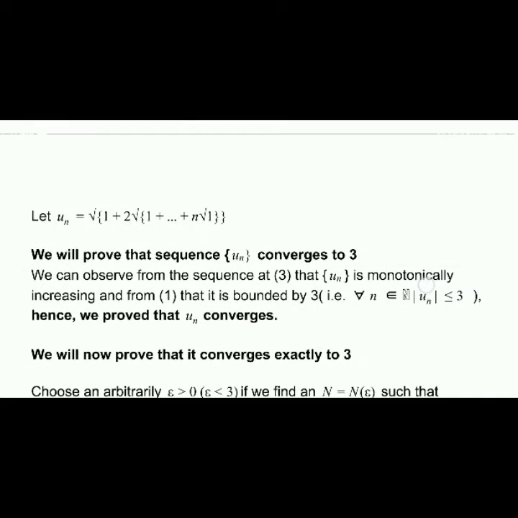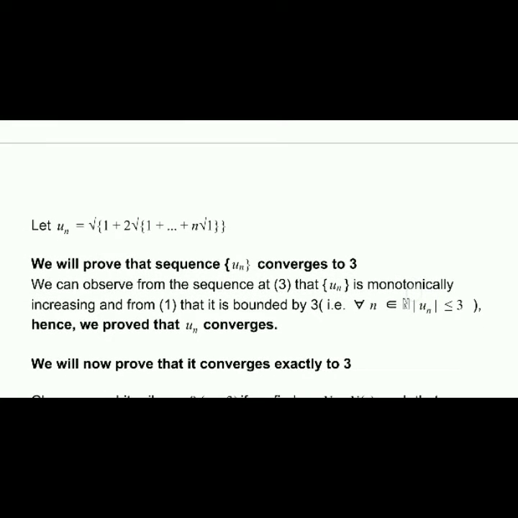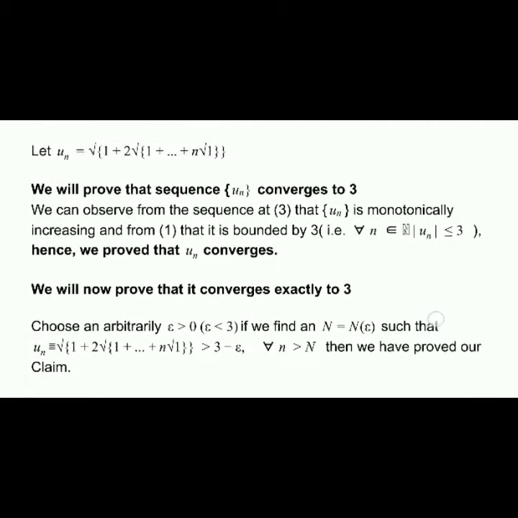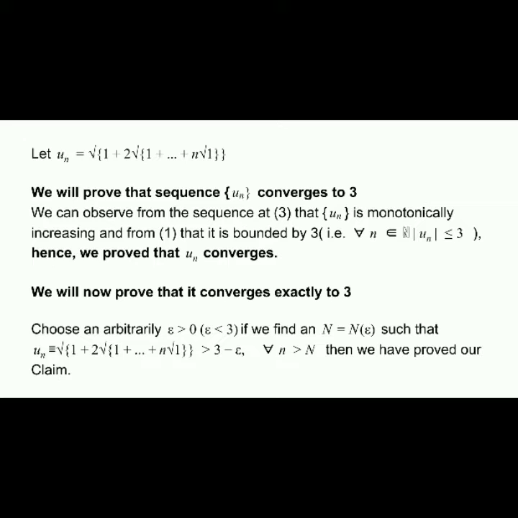I named this nth term un. I have to prove that this converges to 3, and that will prove my statement that going backwards we can reach 3.